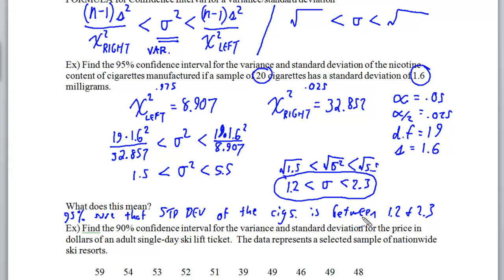Now, if your customers can notice that difference in nicotine, you might want to tighten up your group, because if that's just too much variation, you're going to need to go back to the business and see if you can tighten that up.